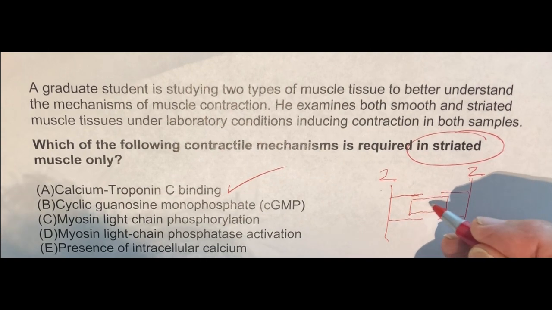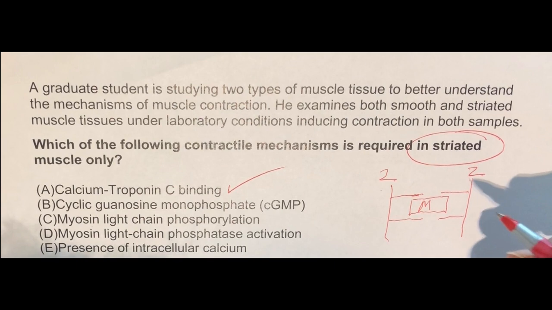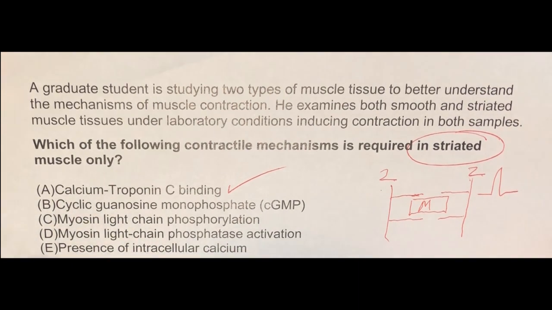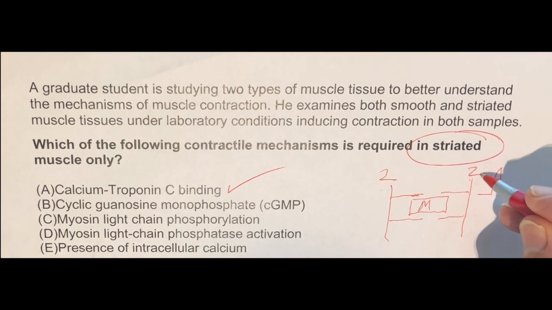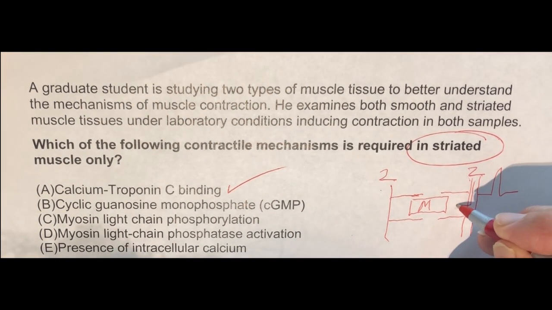And here we have myosin, the thick filament. And when calcium enters, after there's a depolarization from the motor neuron releasing acetylcholine to the muscle, we call that excitation-contraction coupling. And when we have a depolarization along the Z lines, there are T-tubules, and calcium enters.